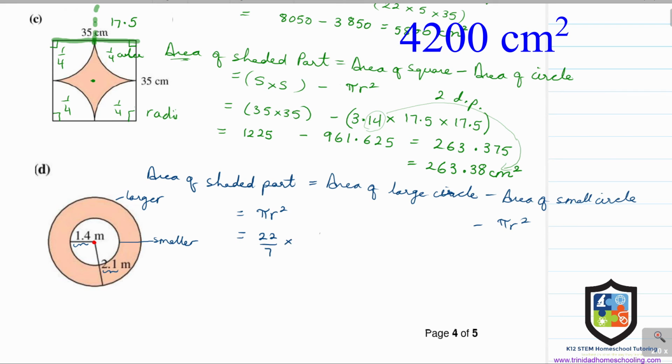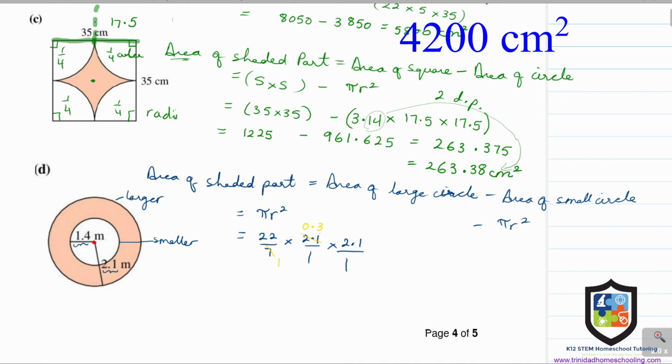Now my radius for the larger circle is 2.1. That's 2.1 by 2.1. Okay, remember it's r squared. Now 7, the 7 is 1, and 7 into 2.1 is not 3 but 0.3.